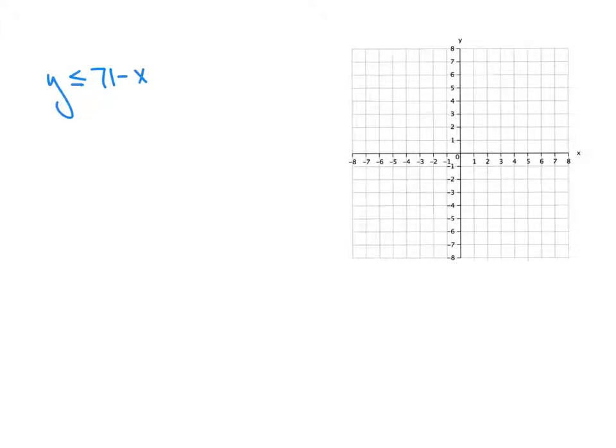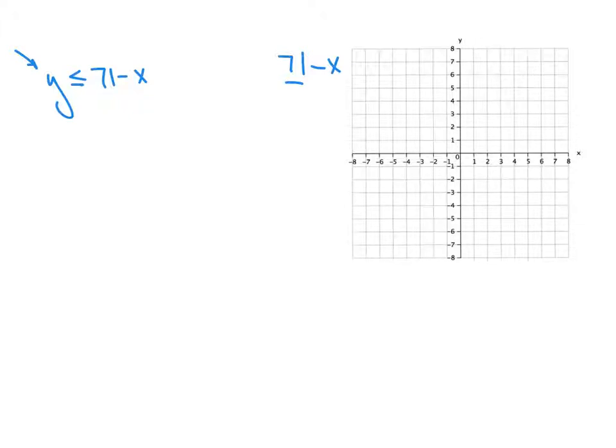Okay, what that means is we had a total of 71 cars we could purchase. Well, if we're buying a certain amount of compacts, which is x, now we don't have 71 anymore. We have however many we bought of the compacts subtracted from 71 to know how many of the intermediate we have. So that's where the 71 minus x comes from.